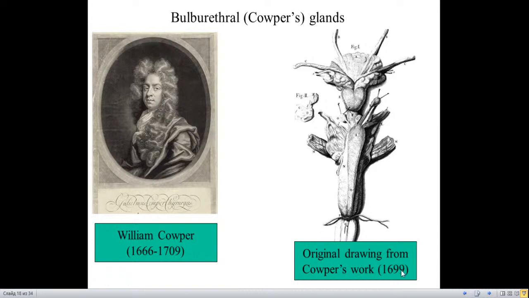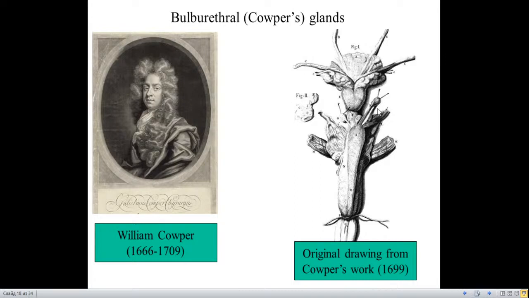But in 1699, William Cowper released an article where he described bulbourethral glands not only in humans but also in many mammals, and he provided the first illustration of these glands. So really this picture is the first illustration of bulbourethral gland in history of medicine.